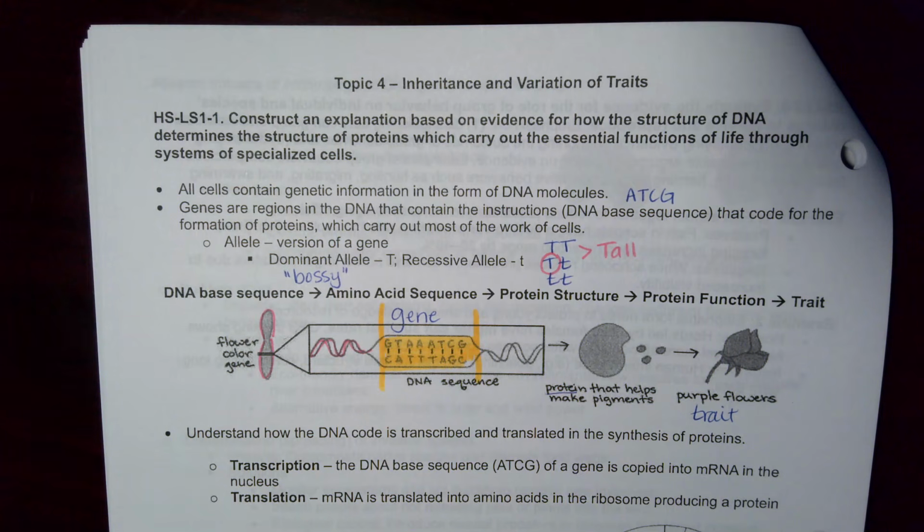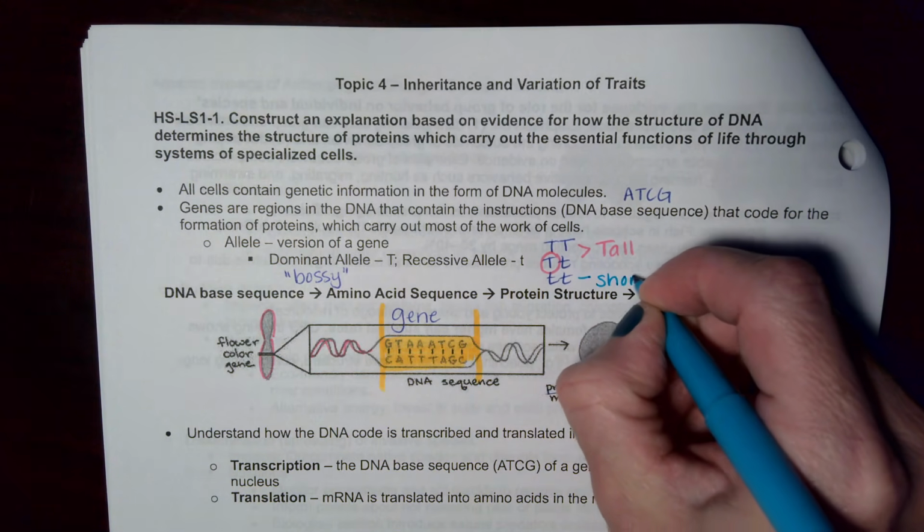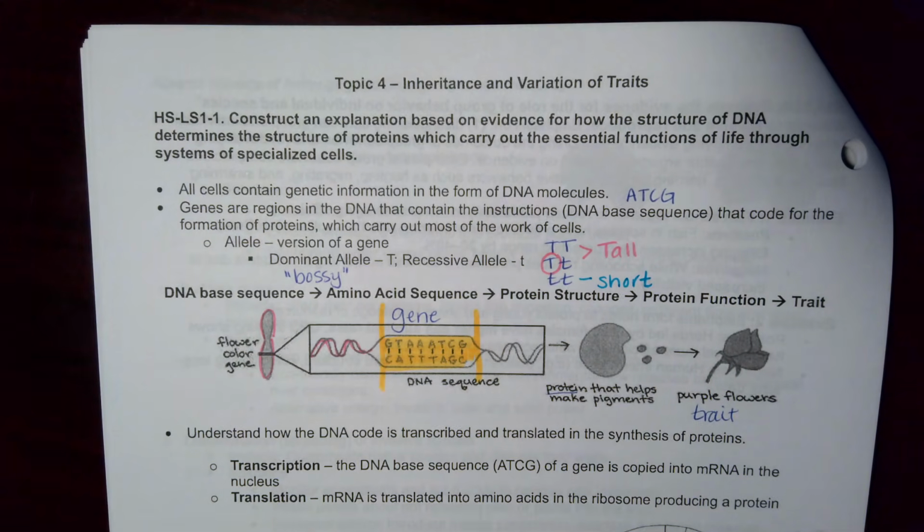If you have two little t's and you don't have the bossy big T, you're going to be short. Allele is a good vocab word to know. So a gene is a segment of DNA, and then an allele are the different versions of that same gene.